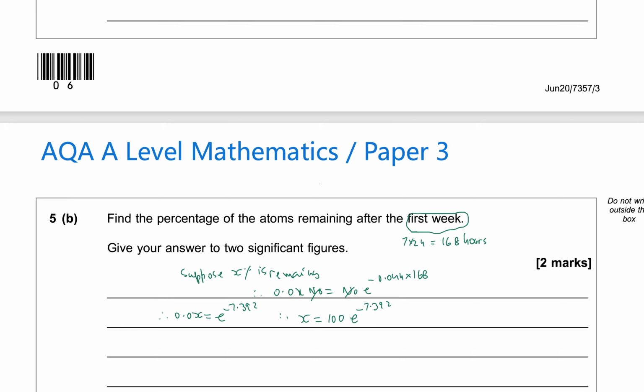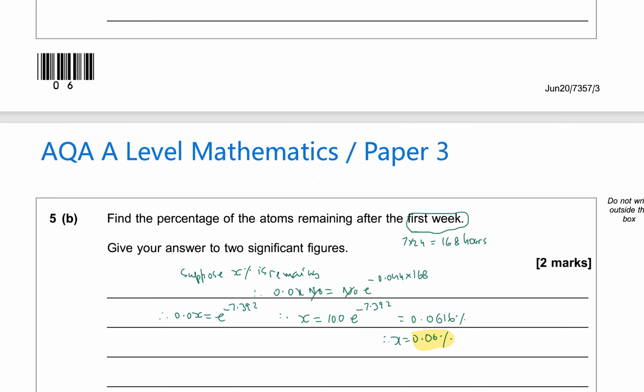If you do that, you get x equals 0.0616. We've been asked to give significant figures, so x is equal to 0.06%. So this is the percentage of atoms remaining.